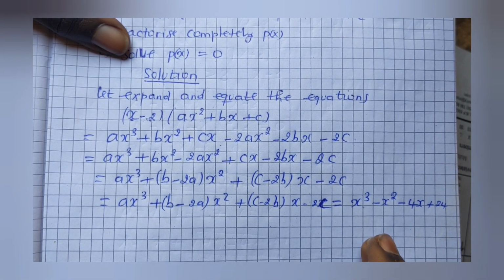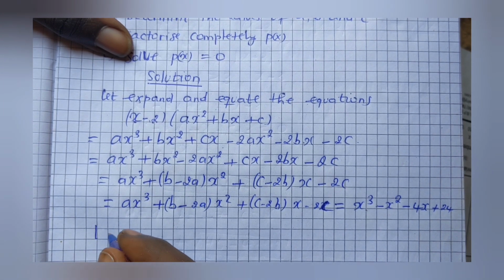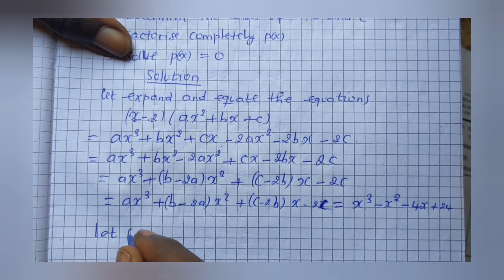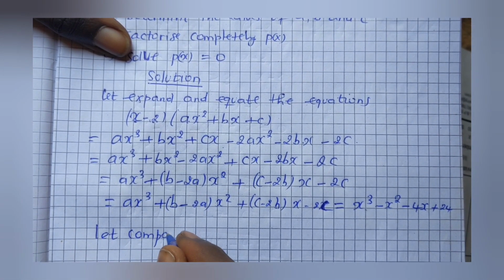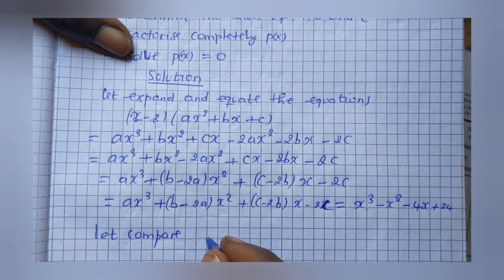By doing that, we take every term. The x cubed term will be equal to x cubed, and b minus 2a will be equal to the coefficient of x squared.